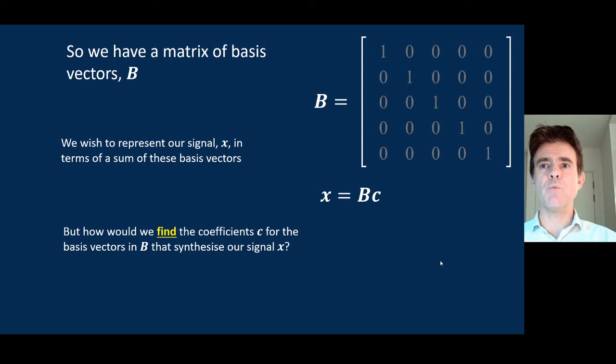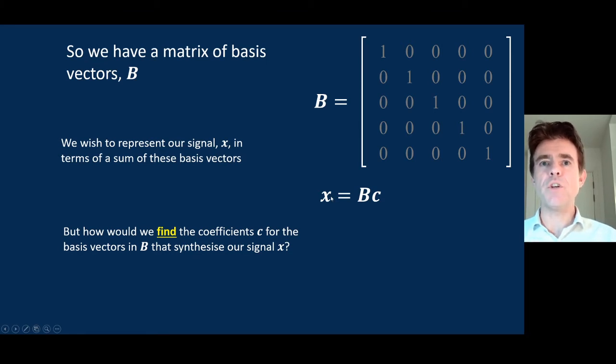Now we're going to say, well, what if we still had that expression, so x equals Bc? So what I've just talked you through is using a known coefficient vector c with a known basis function matrix B, and I've shown you how you calculate x.